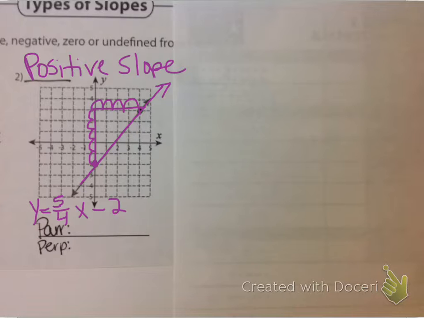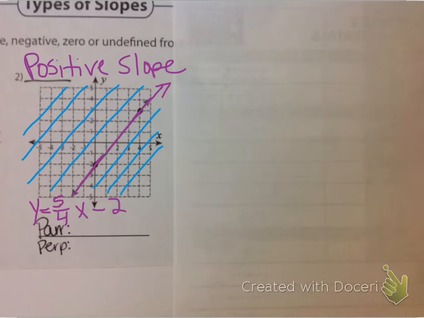Okay, so now we have our positive slope and our equation identified. Let's go ahead and try to find a parallel line. Any of these lines right here, since they have the same slope, are going to be parallel to that purple line. We just need to pick one, use the same slope, and find out our new y-intercept.